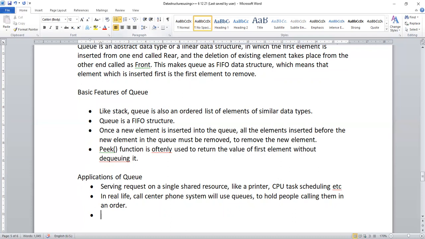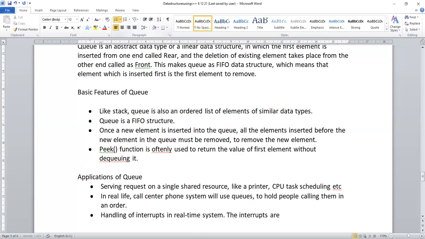Okay, third one, handling of interrupts in real time systems.